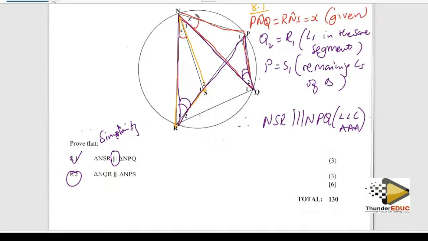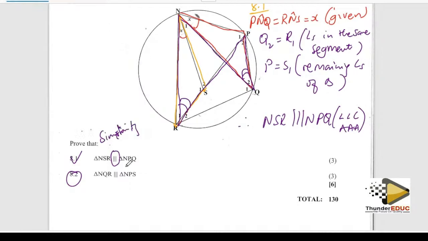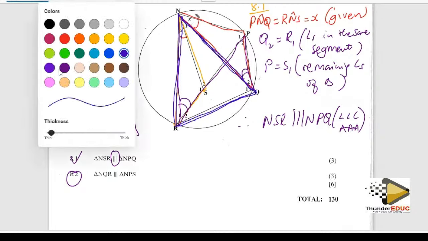8.2, they're asking us to prove that NQR, do I have enough colors? Let me use big blue. NQR, this triangle, is similar to another triangle. Let's go for green.